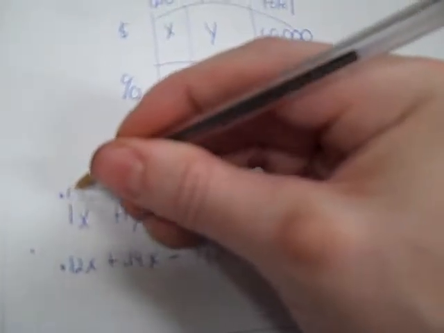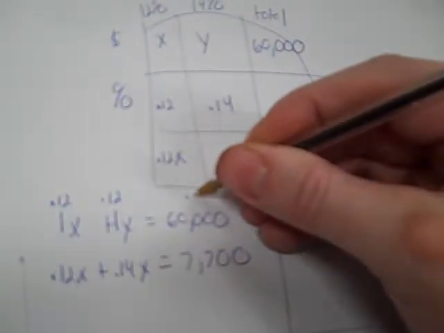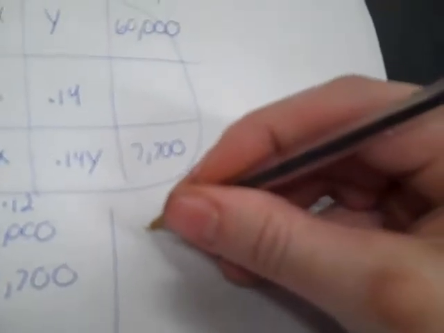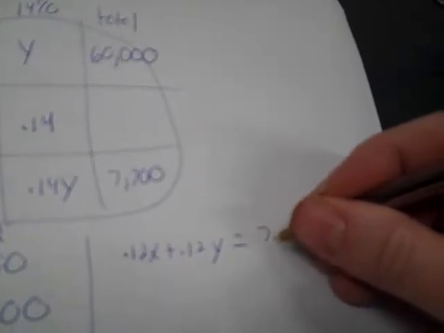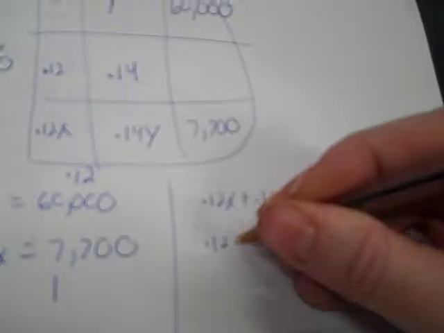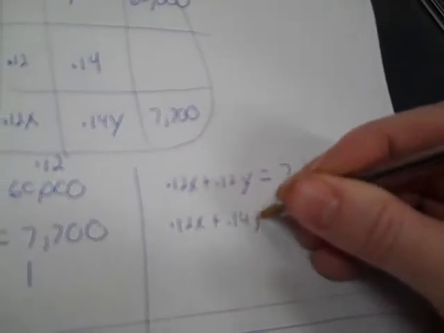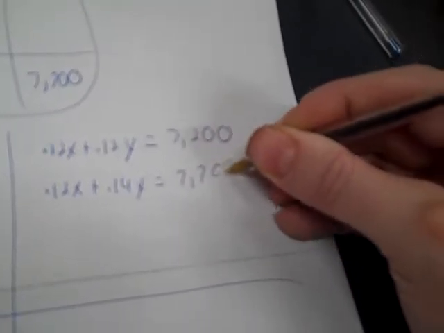So I'm going to multiply all these by 0.12 and these by 1. So 0.12X plus 0.12Y, and then I find 12% of 60,000, and I get 7,200. Okay, and then my bottom, 0.12X plus 0.14Y equals 7,700.